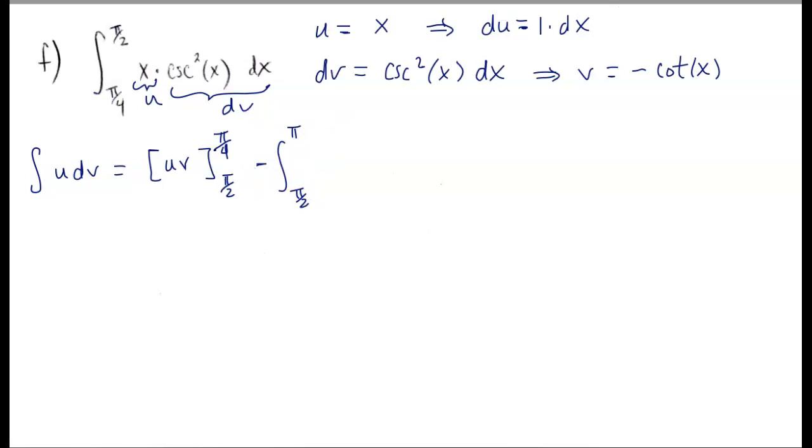Got that backwards. Let's try that again. Okay, pi over 4 to pi over 2. This is pi over 2 here, and this is pi over 4. And this is going to be v du.